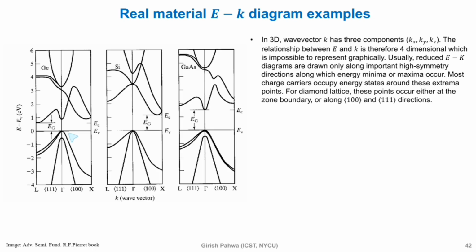What about the conduction band? You have several minima. So these are valleys. Several valleys are there. Which valley is the conduction band valley? This one. This is the lowest one. So for germanium, the conduction band minimum is occurring along the gamma L direction and at the L point. So this is the L point. What is the L point?